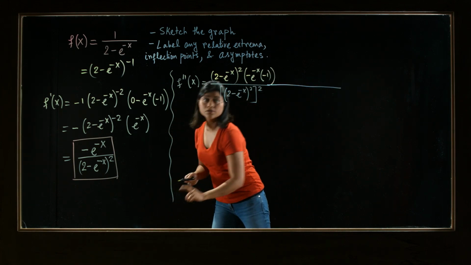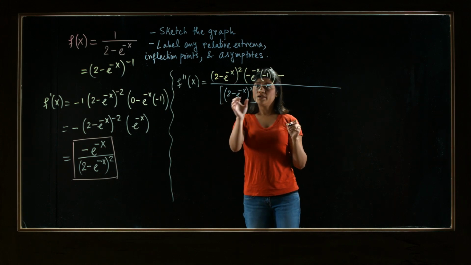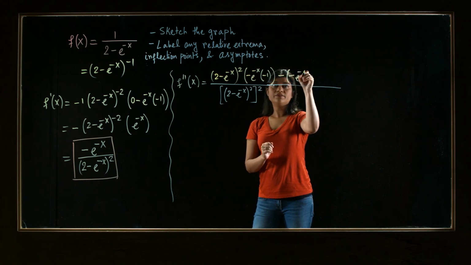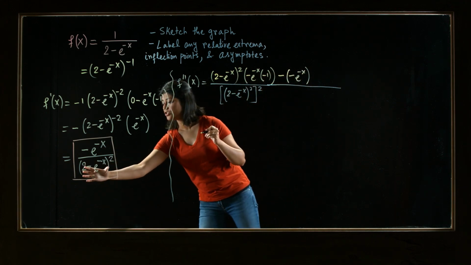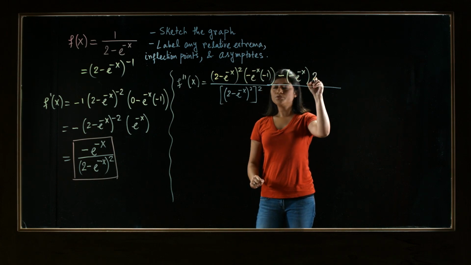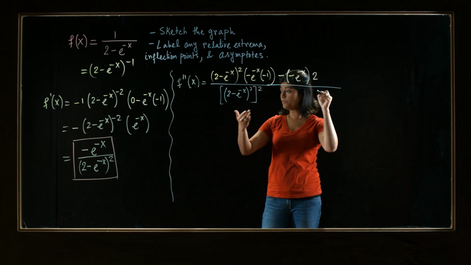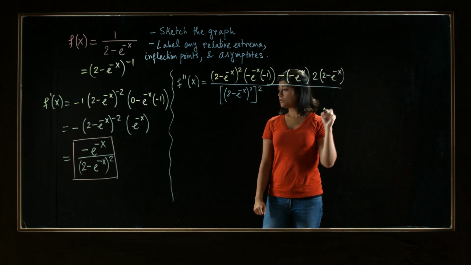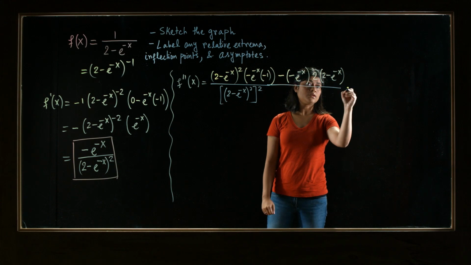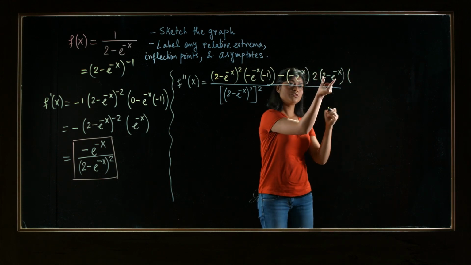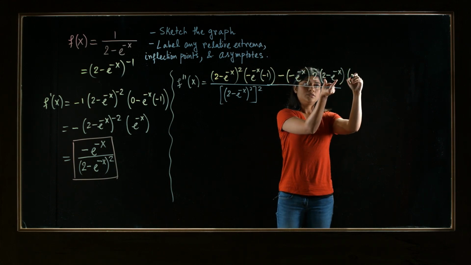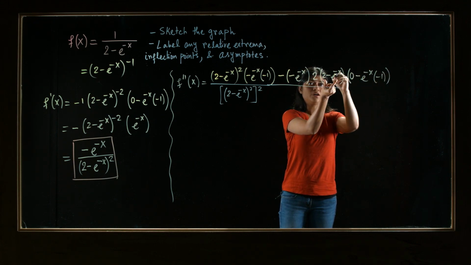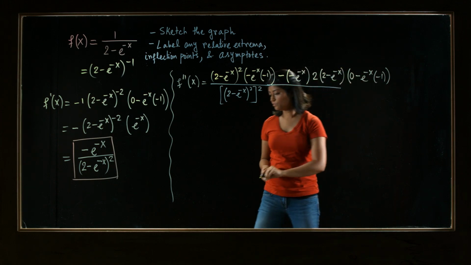Then you have a negative sign here, and you keep the numerator function fixed, negative e to the negative x, and take the derivative of this denominator. So, this is 2 times, power rule first, 2 times 2 minus e to the negative x to the power 1, and times the derivative of the inside, which is 0 minus e to the negative x times negative 1 because of the derivative of negative x.